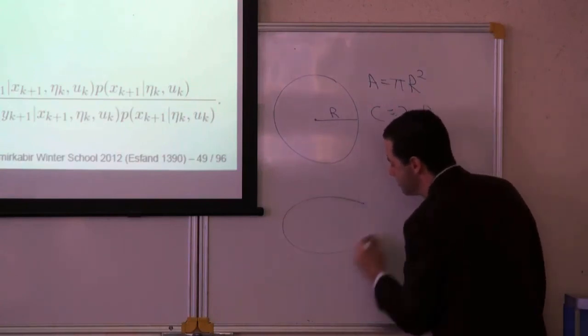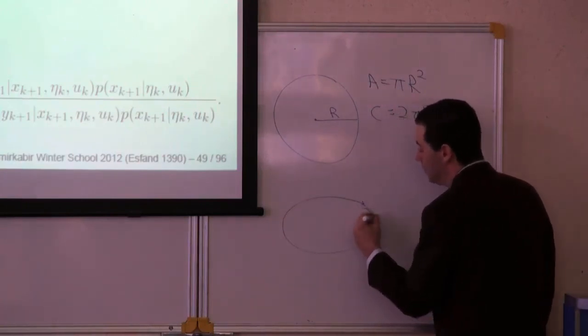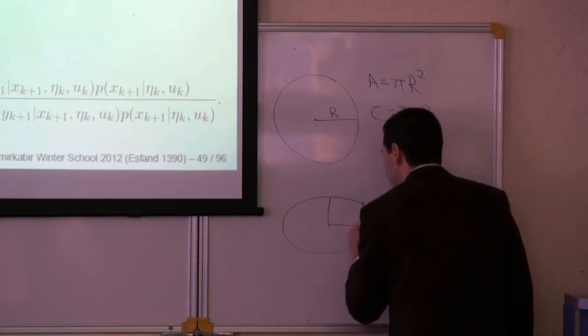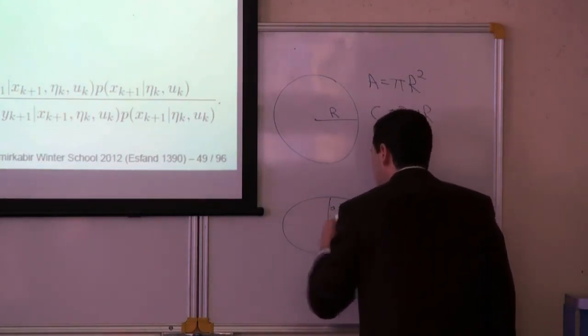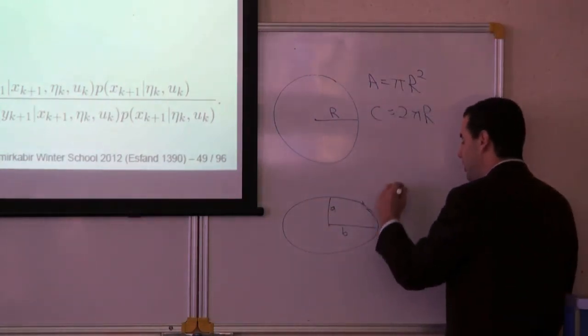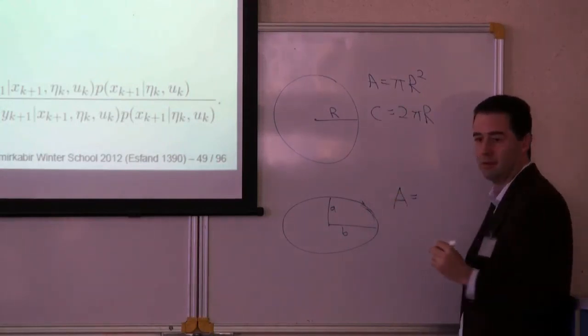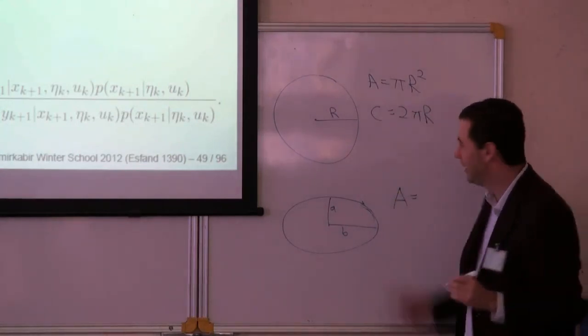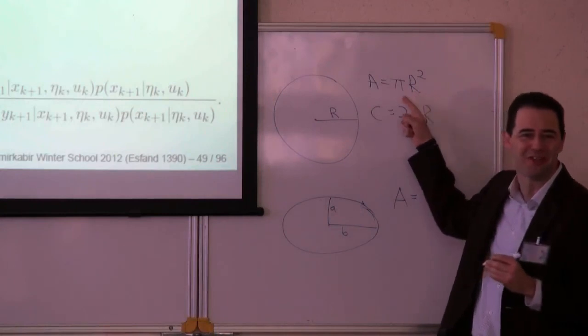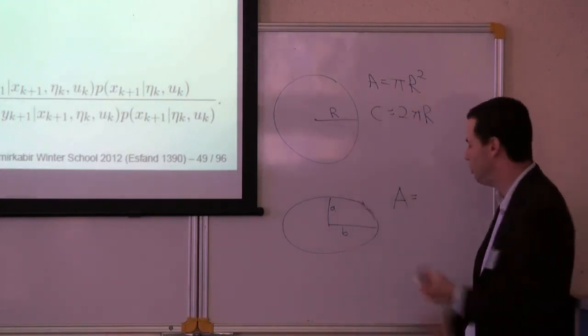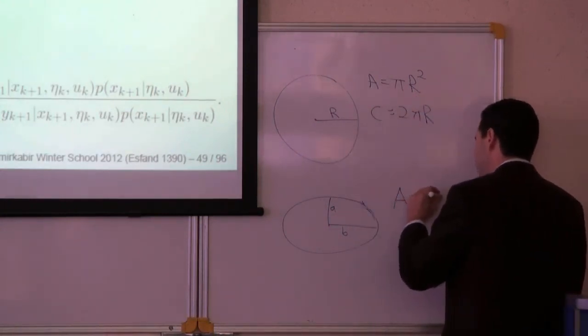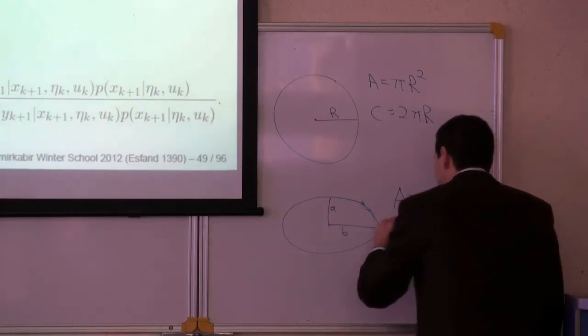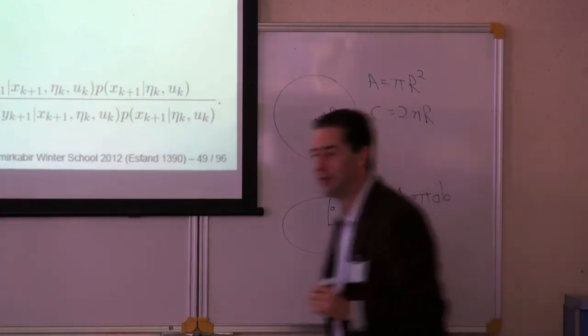Now, I make an ellipse with major and minor axes A and B. What's the area? Pi AB. And that's really neat, because when you get the circle, it looks like that, and because the circle is a special case, it will look wonderful. Pi AB. Now, what's the circumference or the perimeter of that?